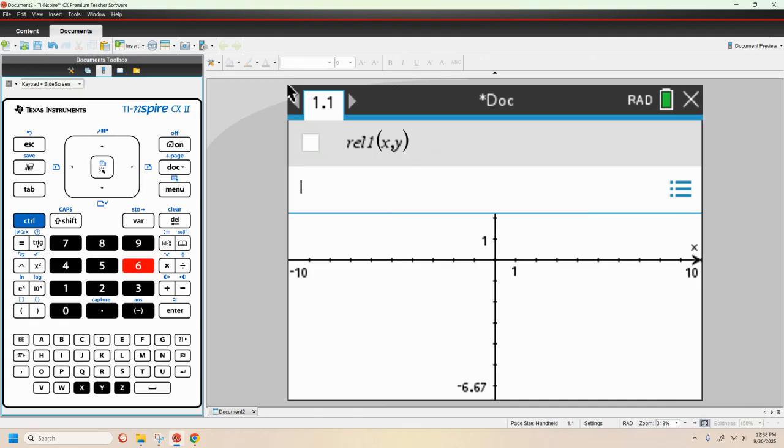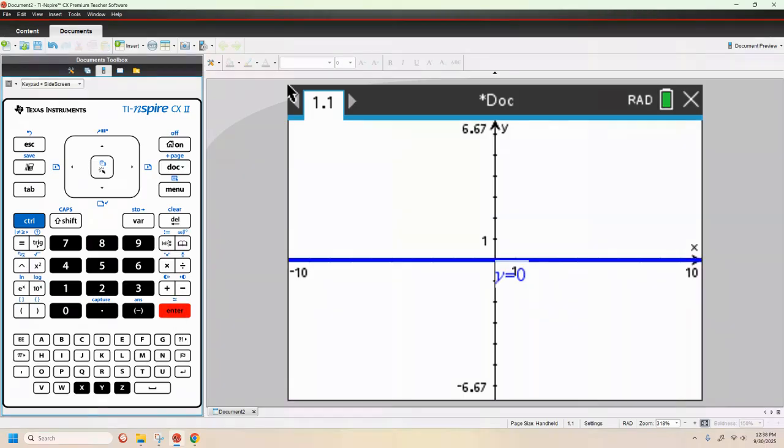Okay. So now I'm going to type in the equation that they just told me. y equals is under control, 0. Where does it plot the line y equals 0? On the x-axis. The line y equals 0 is the x-axis.